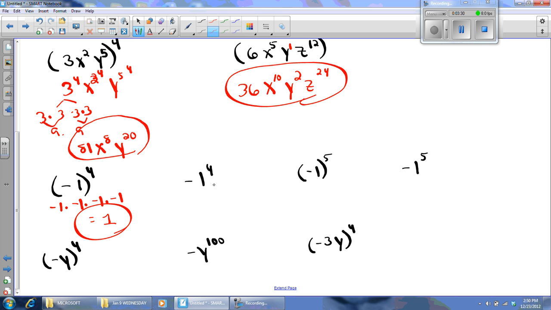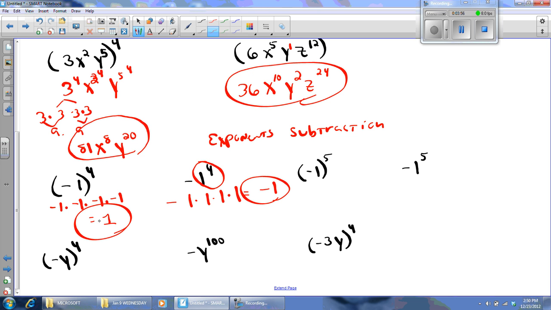But this one here, because of the order of operations, exponents come before subtraction in the order of operations. So I have to raise 1 to the 4th and then make it negative. So I have my negative, and I have 1 times 1 times 1 times 1. So my answer there is negative 1. Notice they're not the same thing.